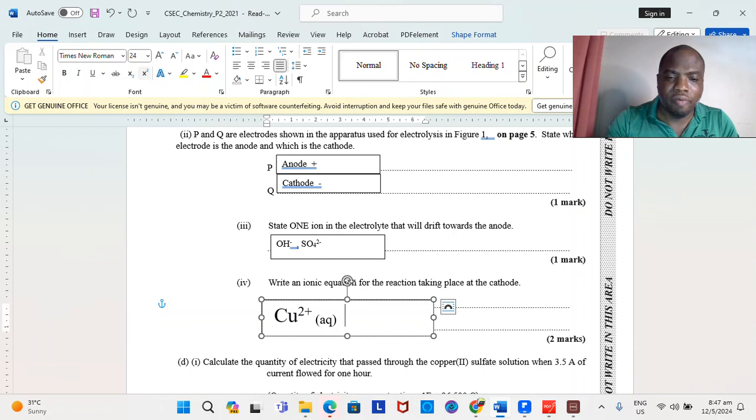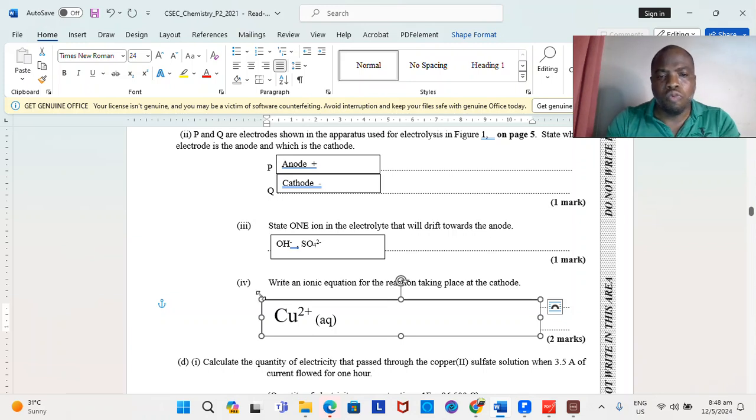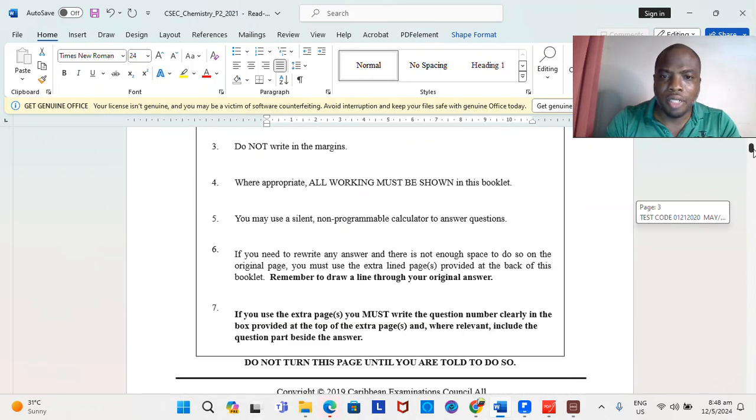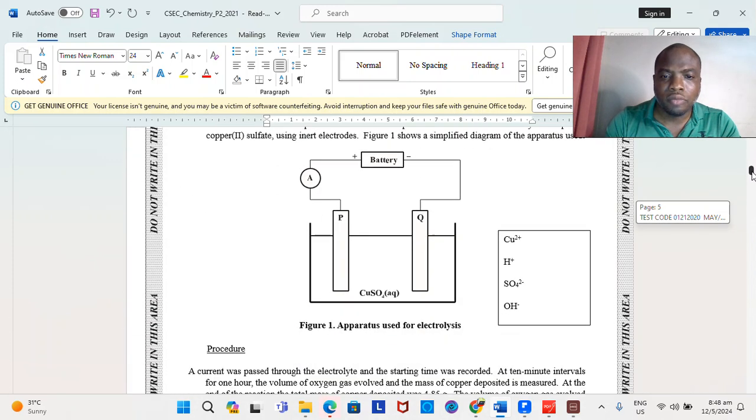What really happens, and I can go back to the top a little bit: when the copper ions come close, because the copper is attracted to the negative charge of this cathode, the cathode would be receiving electrons.